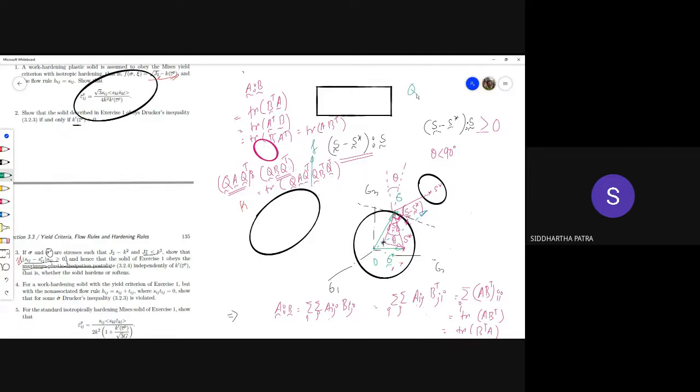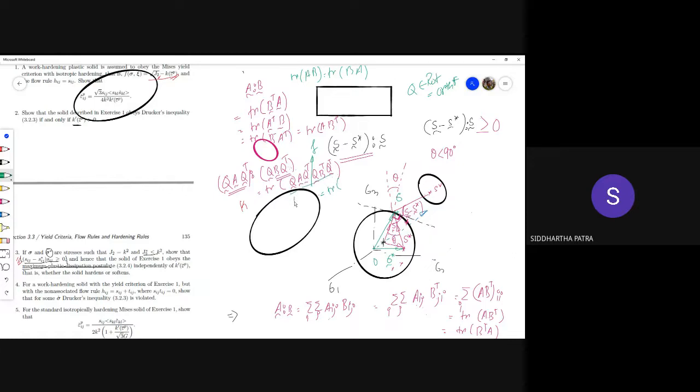So Q is a proper rotation, which is the same as an orthogonal tensor with positive determinant. As we discussed, trace of AB is also trace of BA. So what we can do is write it as Q times A B transpose Q transpose.